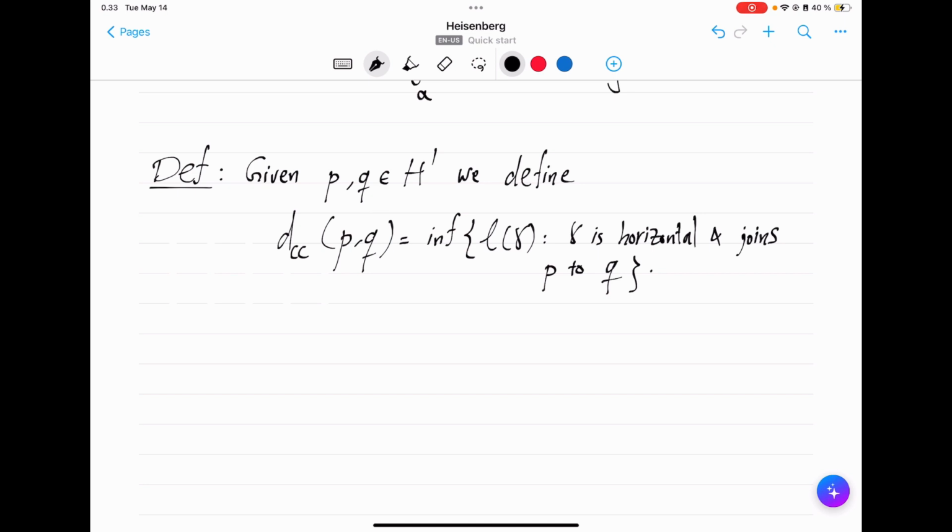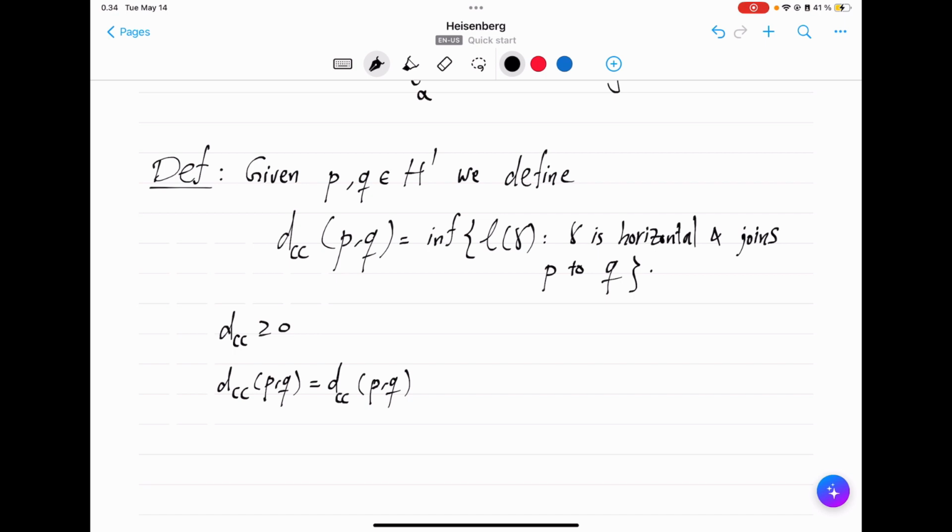Okay, one thing we see immediately is that this is never 0, and it's also quite easy to see that d_CC(P, Q) is symmetric, because if you travel a curve backward, it's still horizontal.